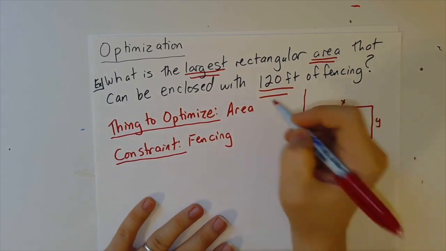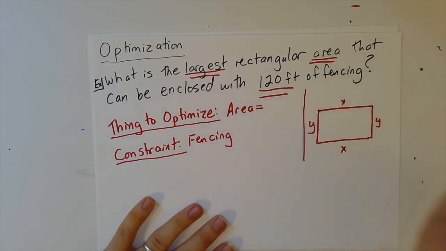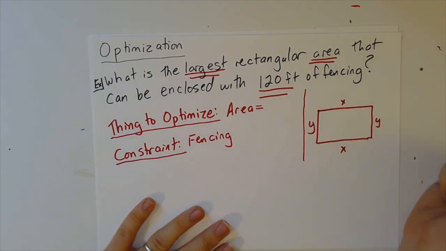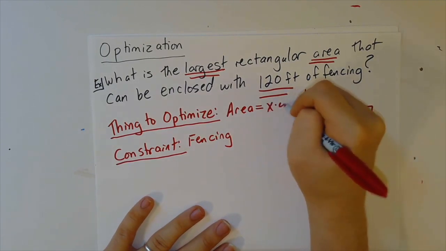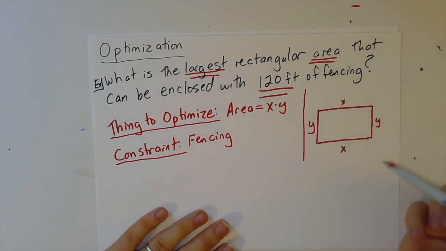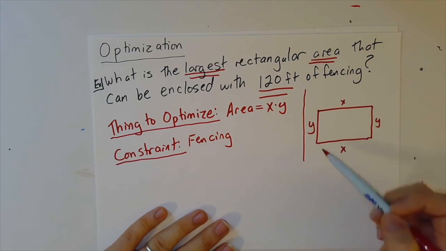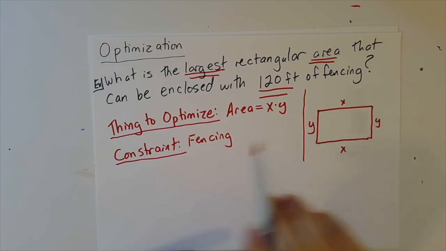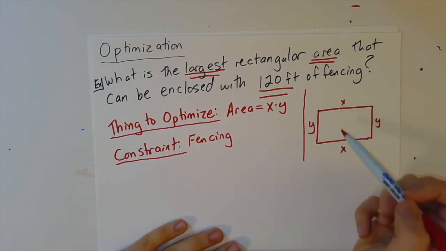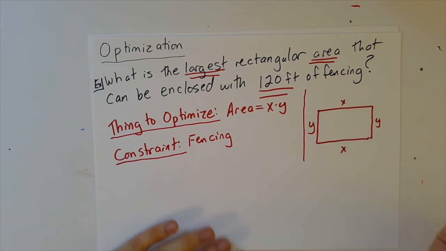Okay, so my area here is x times y, because the area of a rectangle is the length times the width, or height times base, whatever way you want to think about this. It's x times y is the area here.